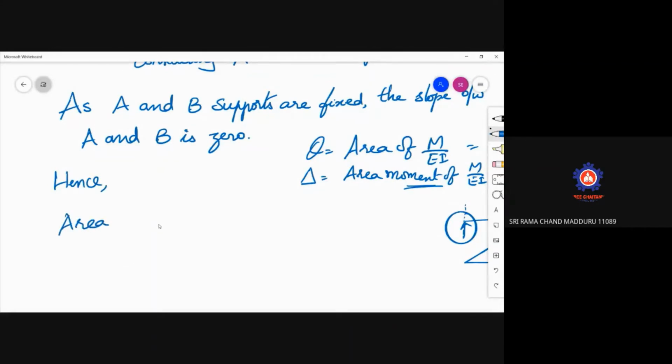So hence the area of M by EI is equal to 0. Here I am writing it as the area of M by EI corresponding to A to B is equal to 0.